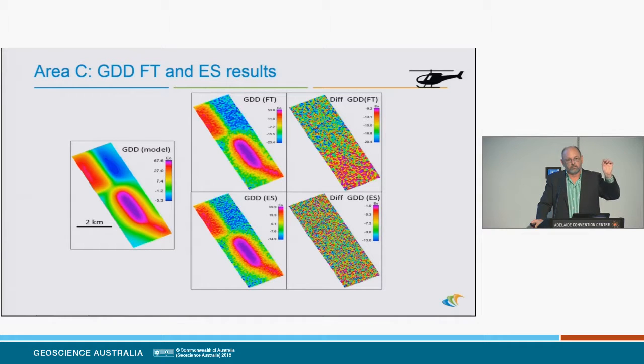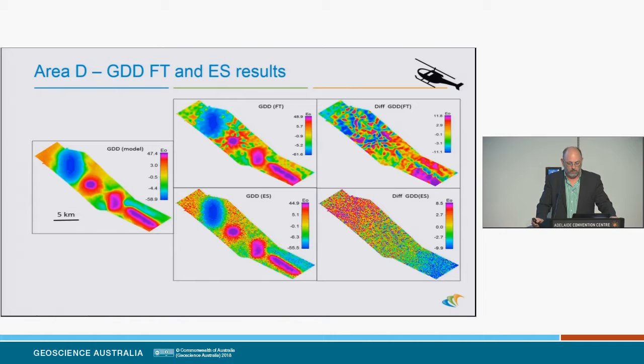Again, that's not germane to our study. That's a natural result that can happen in gravity gradiometry, which we correct for with externally derived gravity. So don't worry too much about that. Then finally, area D, where we're flying the helicopter in a very extreme terrain, following the terrain very, very closely.